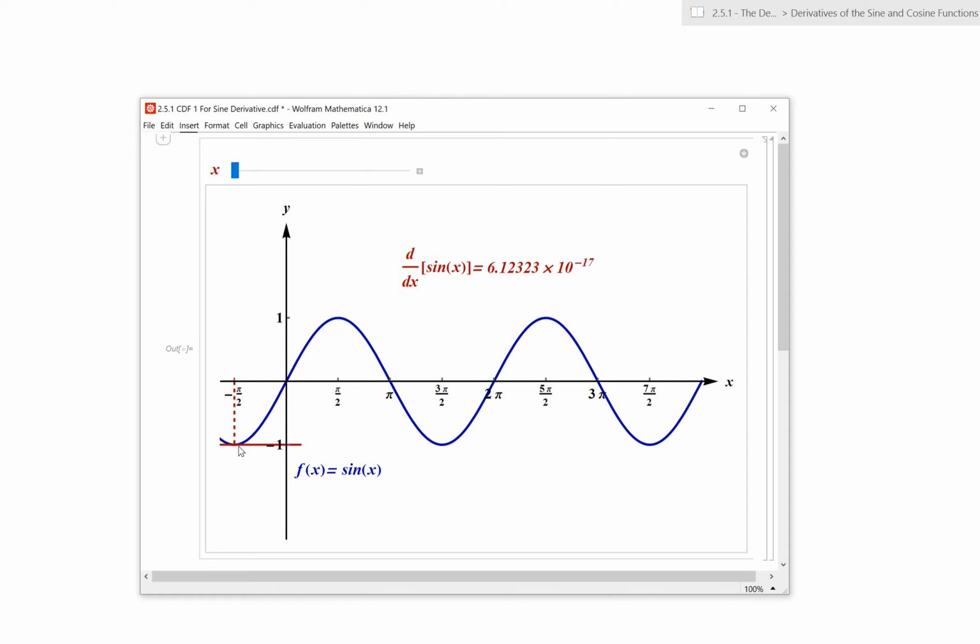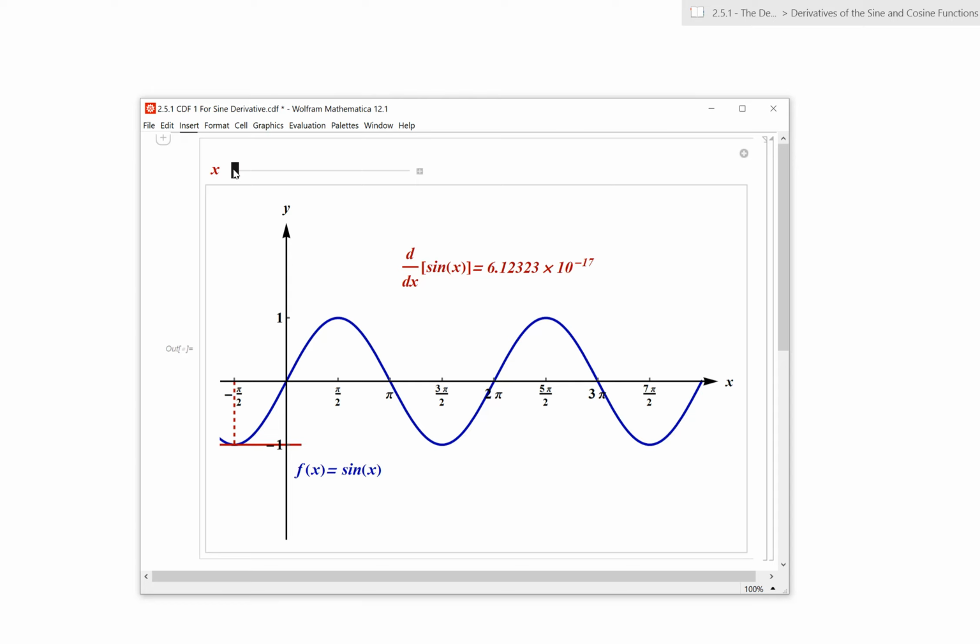Right here at negative pi over 2, we're just barely next to it, and we see how tiny the slope is. At that location, we should expect the slope to be 0 since the horizontal tangent line is happening there.